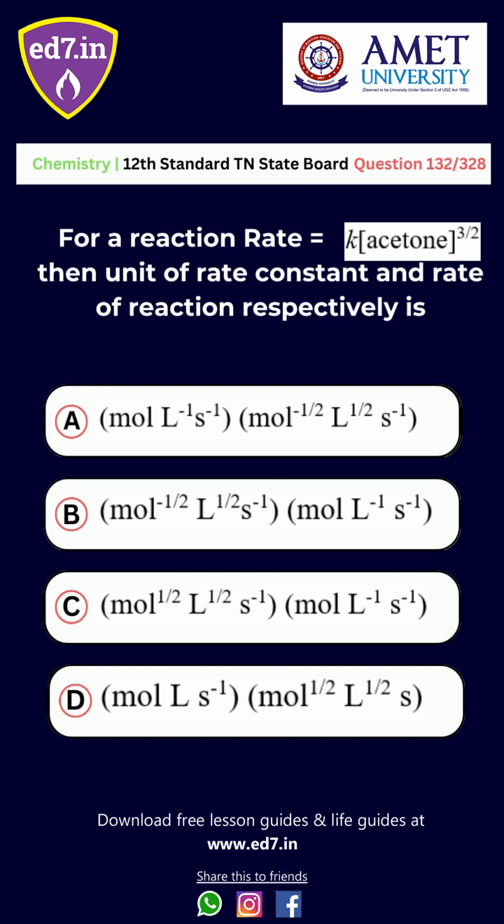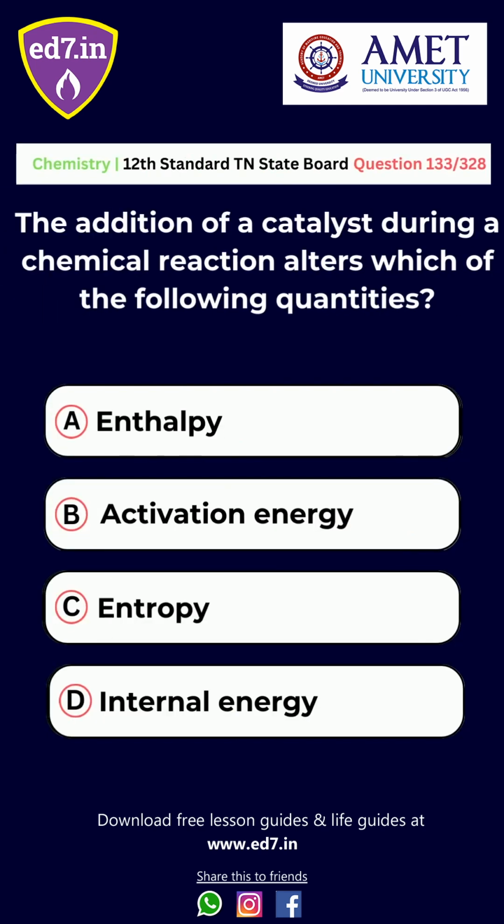Option C, mole power 1 by 2 L power 1 by 2 S inverse into mole L power minus 1 S inverse. Option D, mole L S inverse into mole power 1 by 2 L power 1 by 2 S. The correct option is option B, mole power minus 1 by 2 L power 1 by 2 S inverse into mole L power minus 1 S power minus 1.